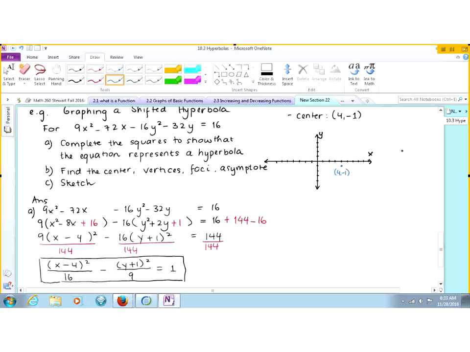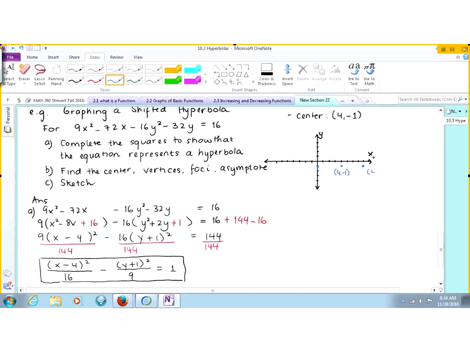All right, so I start with my center. How many units do I go left and right? Remember, I have to draw my rectangle, right? 4. Yes. So left 4 and right 4: 1, 2, 3, 4.